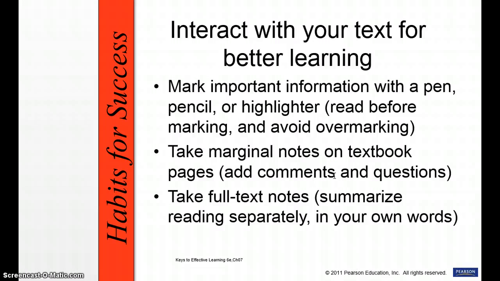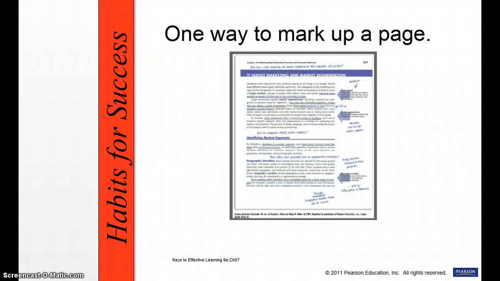If it's your book that you own, you can certainly make notes inside the text or the margins, or take your own full text notes and read them separately. Here are a few examples of how to mark up a page. It just shows you underlining, highlighting, making notes in the margin, or highlighting key points, or writing questions to yourself to go back and answer later.